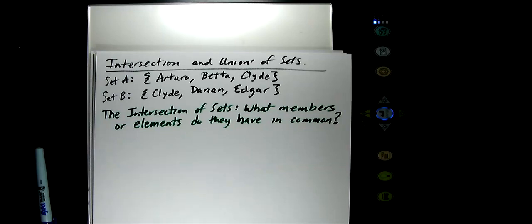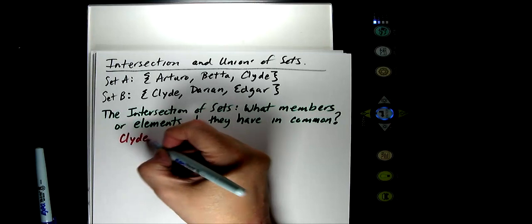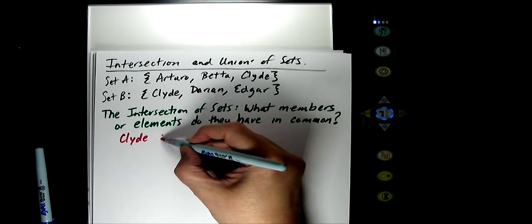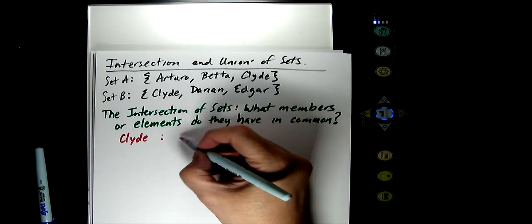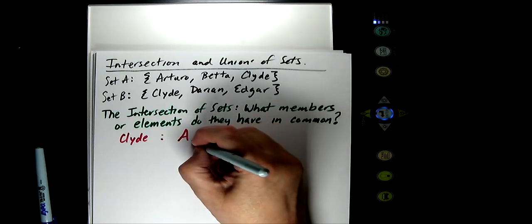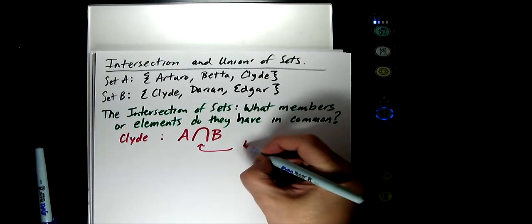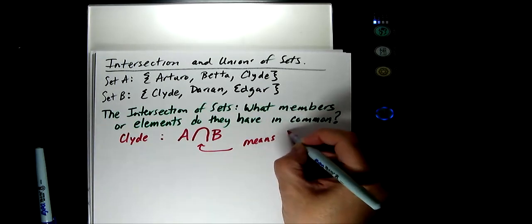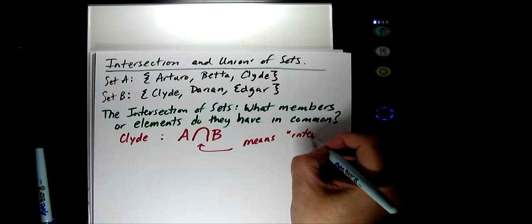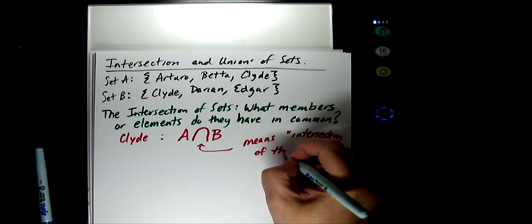Did anyone answer that question for me? Clyde. Clyde's the only one in these two sets. The way we mark it is we say Clyde, we list the two sets. And intersection has a big upside down U. This means intersection of the two sets.